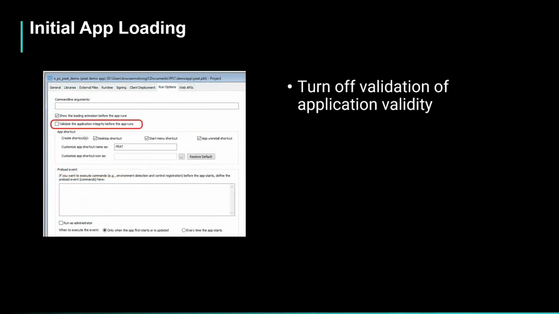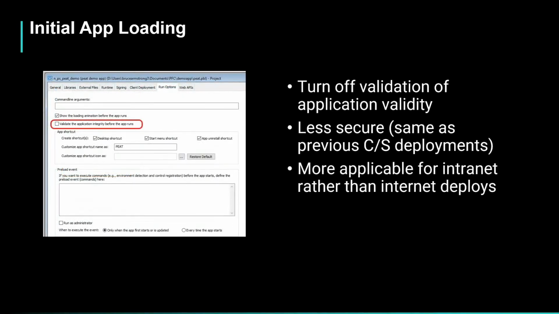Another thing that would help during initial app loading, you could turn off validation of application validity. That is basically doing a checksum of the downloaded files to ensure that they weren't tampered with. Once again, think about where your app is running.